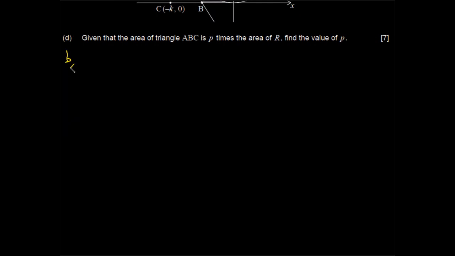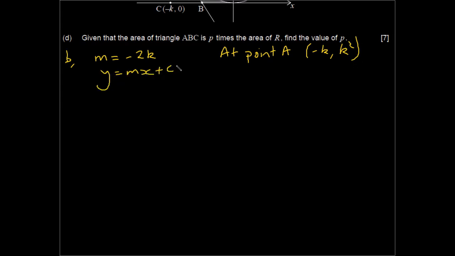So we know that the gradient is equal to minus 2k, and at point A we know it is negative k, k squared. I'm just going to use the equation y equals mx plus c for a straight line. Substitute these values in: I know what y is from here, I know what m is, I know what x is, and work out what c is to give me the whole equation.